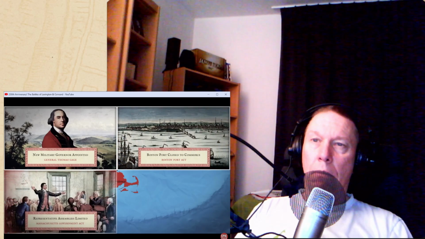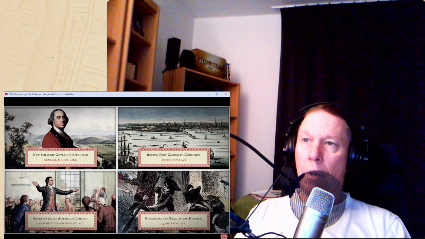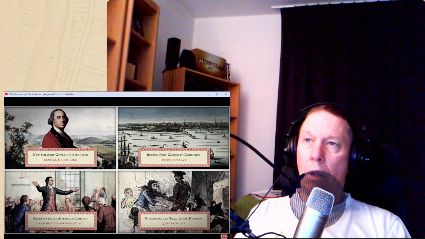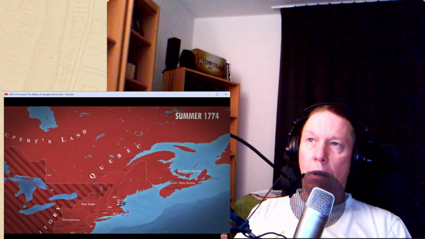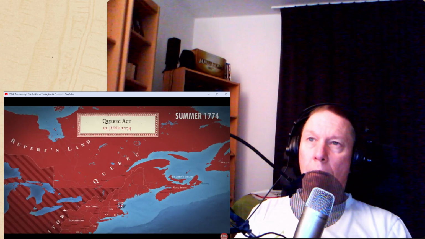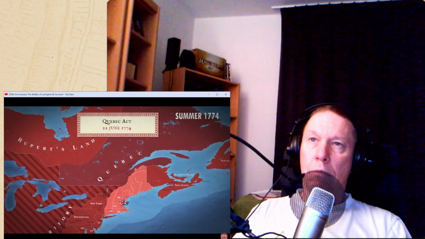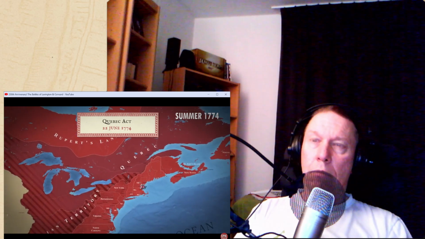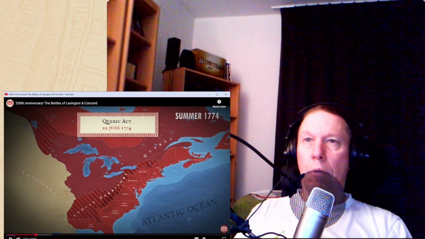Representative assemblies in Massachusetts are limited, and it becomes easier for British troops to requisition housing throughout the colonies. The British government also passes the Quebec Act. To appease French Canadians, Catholicism is to be tolerated in Canada, angering staunch New England Protestants. Large tracts of Midwestern land are also allocated to the province of Quebec, further antagonizing American colonists. Hey, there's Louisiana.